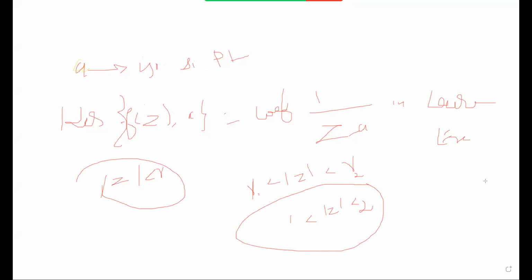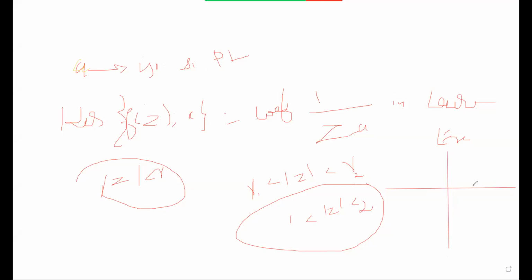So this is our real axis, x-axis, and this is our y-axis. So mod z greater than 1 means what? As we know, mod z equal to 1 means a circle with center 0 and radius 1.